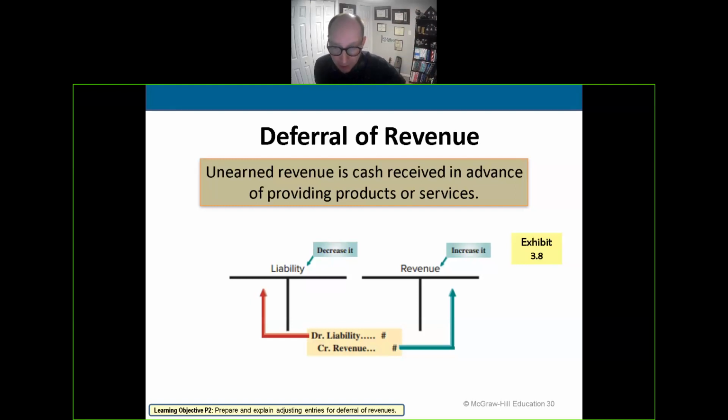The reason is the customer has the right to that cash. They can call you up and say, hey, listen, I don't want you to mow my lawn. I want a refund. That's why it's a liability. Eventually, it'll move out of a liability state and become revenue.